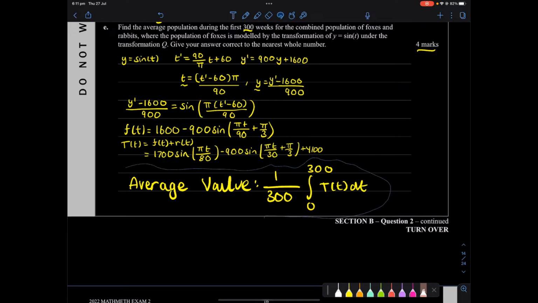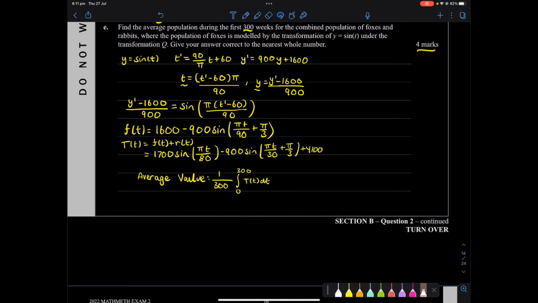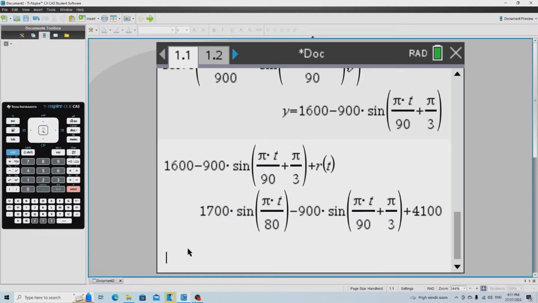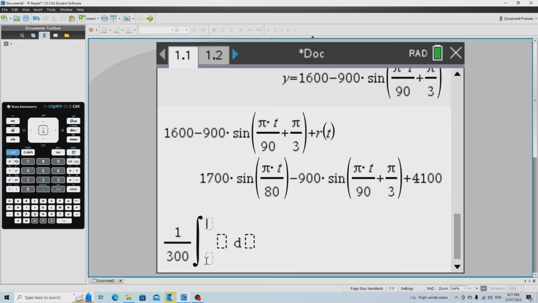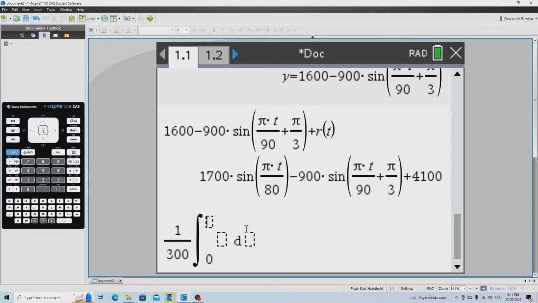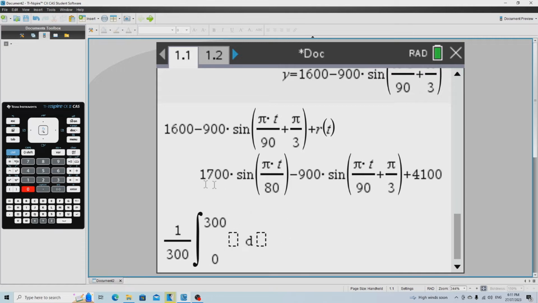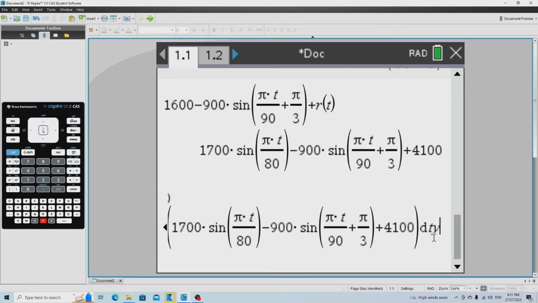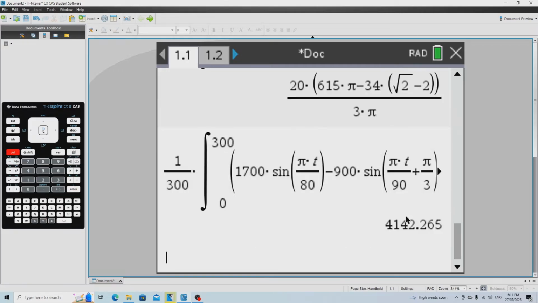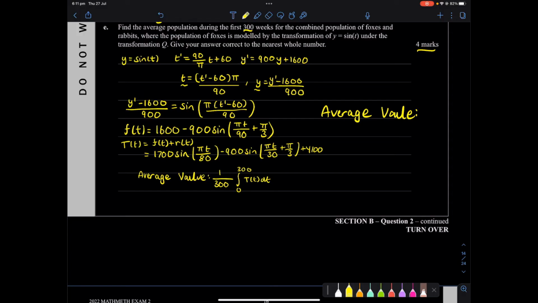I'm just going to do this on the calculator. I'm going to zoom this a little bit less. So average value is equal to, okay, I'm going to integrate from 0 to 300, put this whole equation in here, and write t, and we get 4,142.